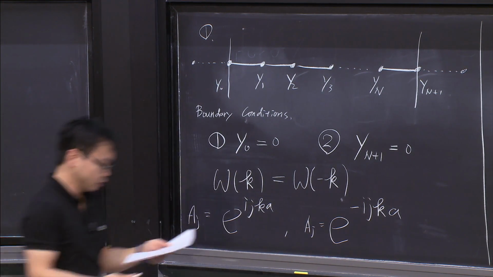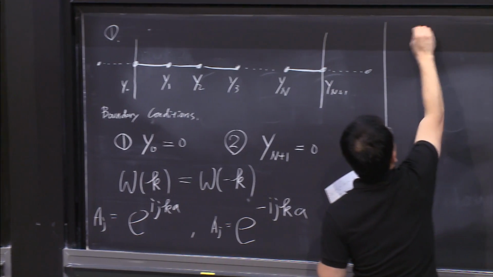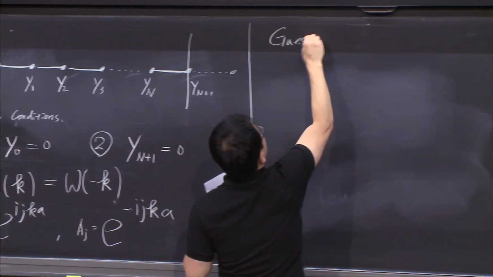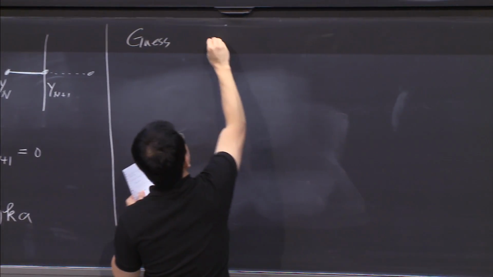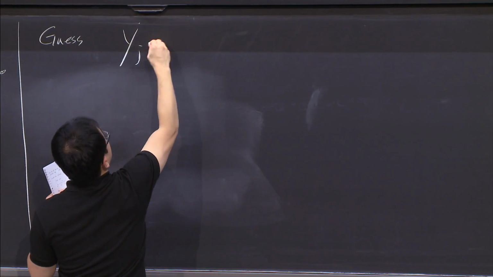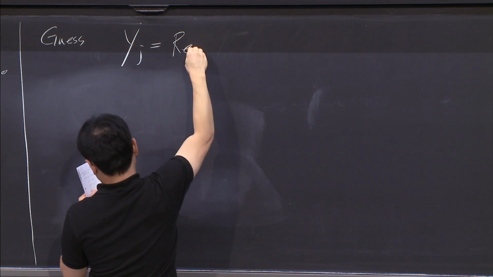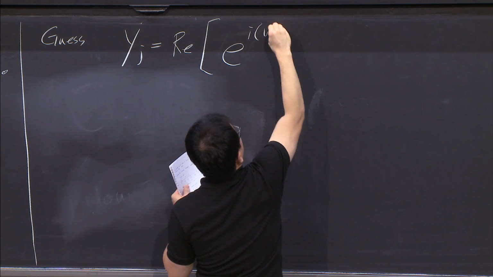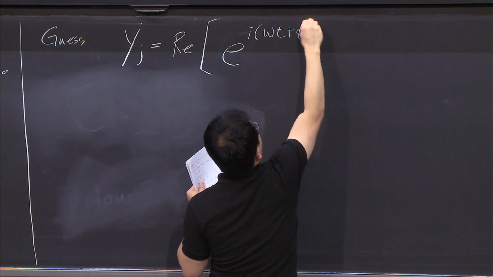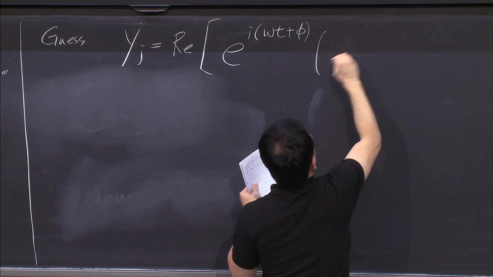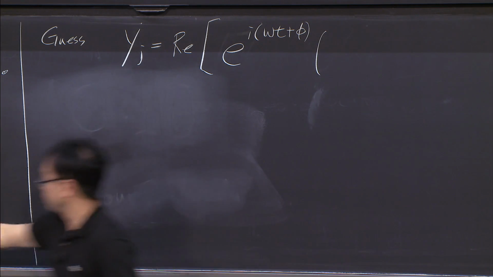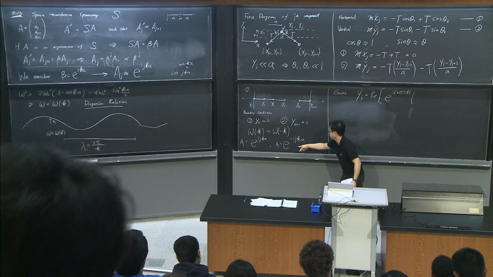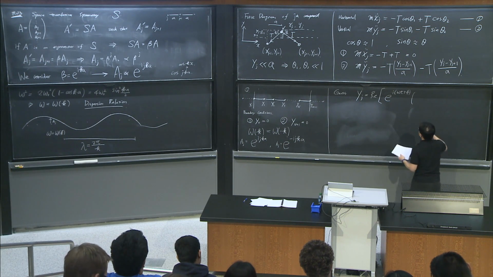If we do that, now I can guess my solution will be like yj equal to the real part of exponential i omega t plus phi, times a linear combination of exponential ijk and exponential minus ijk.